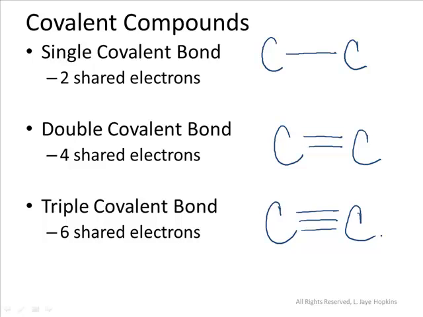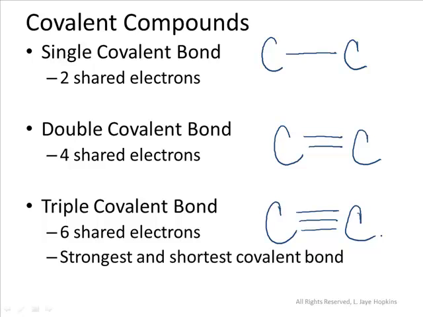These bonds differ not only in the number of electrons that are shared, but also in how closely they bind the atoms together. As you might guess, the triple bond with its 6 shared electrons brings these 2 atoms very close together. As a result, the triple bond is both the strongest and the shortest covalent bond.